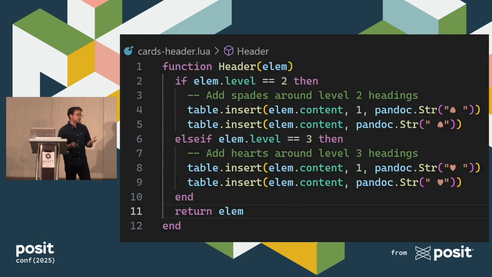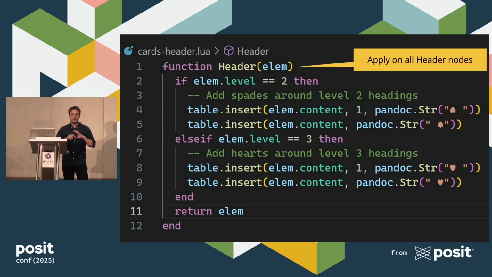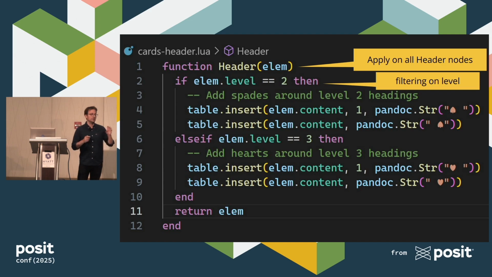It's still a single function in Lua script. This function will target all header nodes, but the processing will differ based on the level information that we have access to. And so if this is a level 2 header, then we will add the space, and if this is a level 3 header, then we will add the arts.